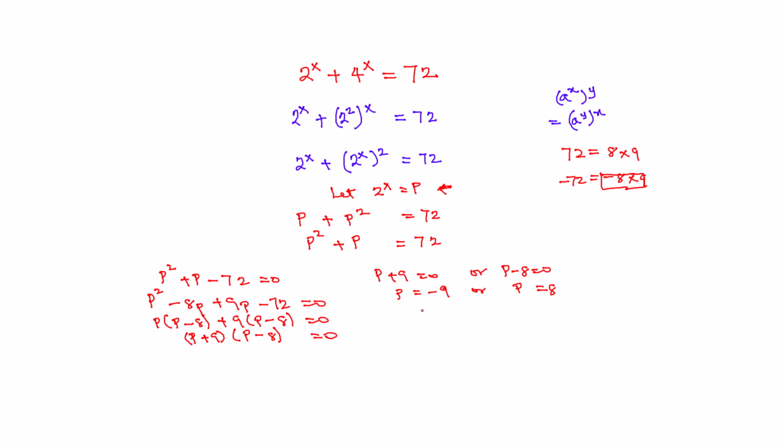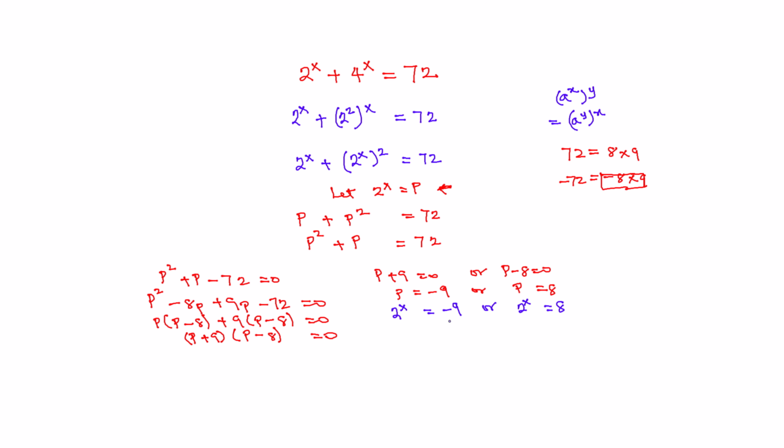So to solve for x now, you remember your substitution. So in this case, our p will be returned back to what it used to be. So I now have 2 raised to power x is equal to -9, or p, which is 2 raised to power x now, is equal to 8.